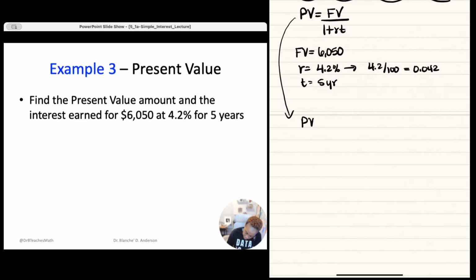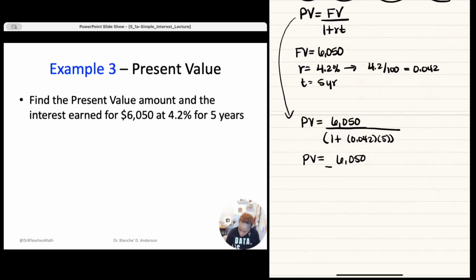Okay, so my present value is going to be equal to 6,050 divided by 1 plus 0.042 times 5. Okay. Remember, do this first, then add the 1. You should get 6,050 divided by 1 plus, this becomes 0.21.